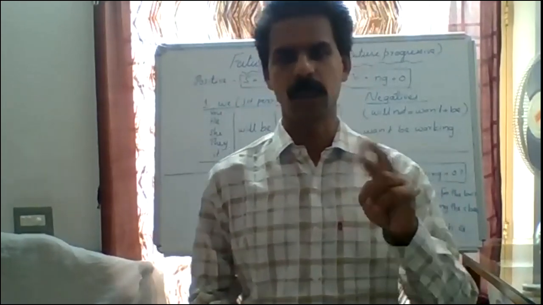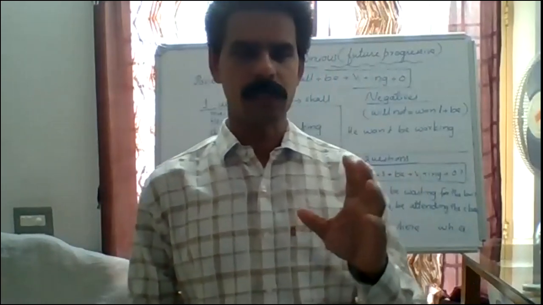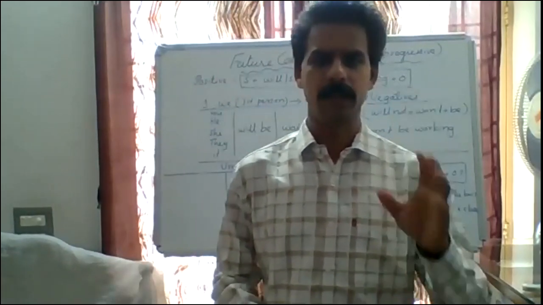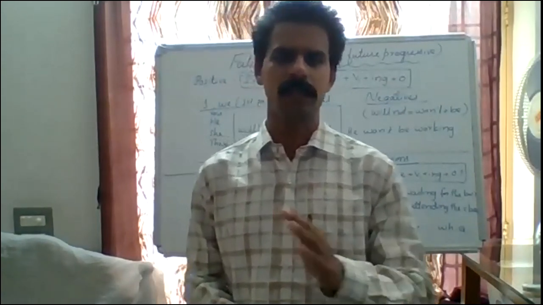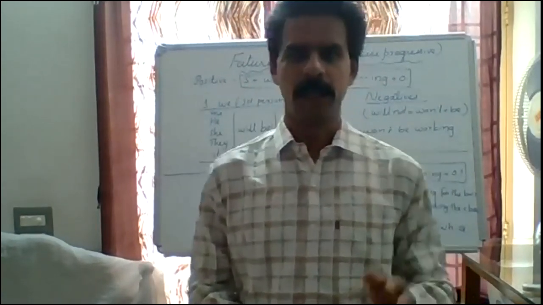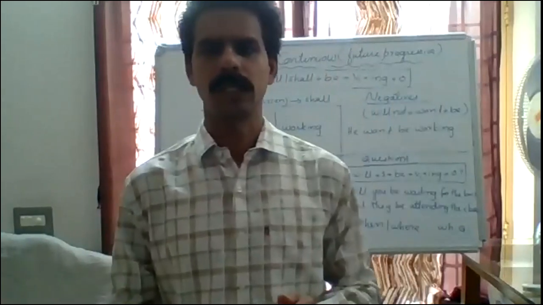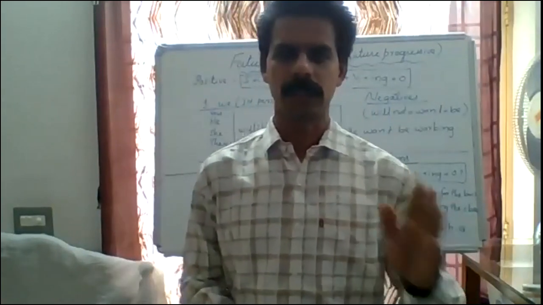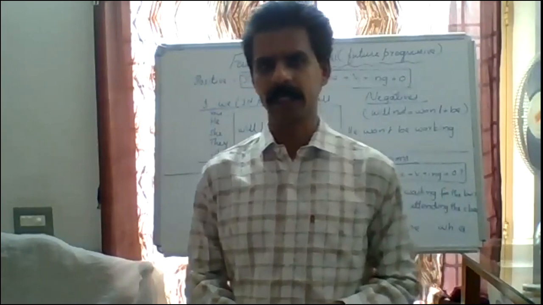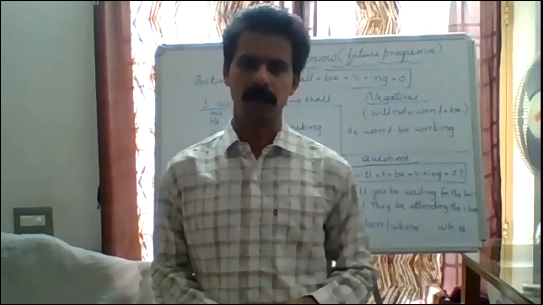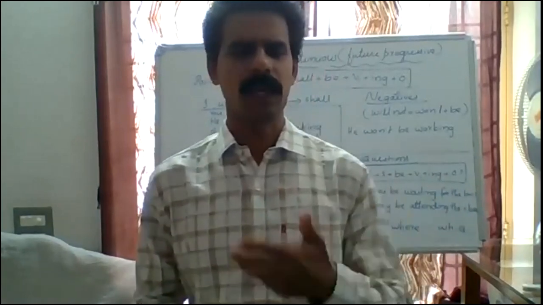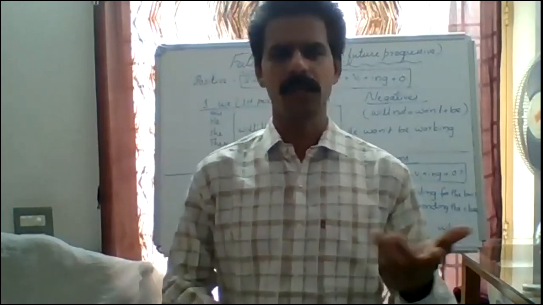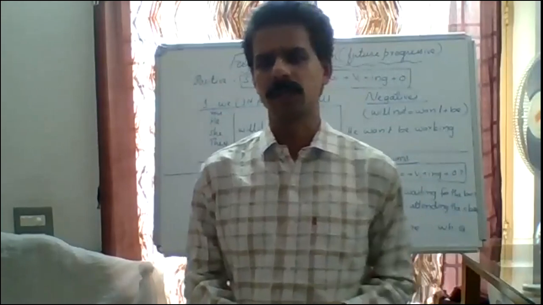For these two subjects, the usage is to follow shall. Shall is the generally used helping verb with the first persons, that is, I shall and we shall. But in some cases, I will and we will are also correct.